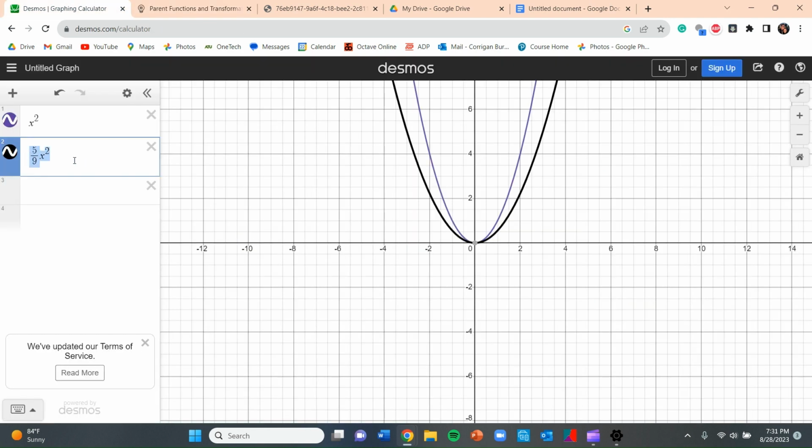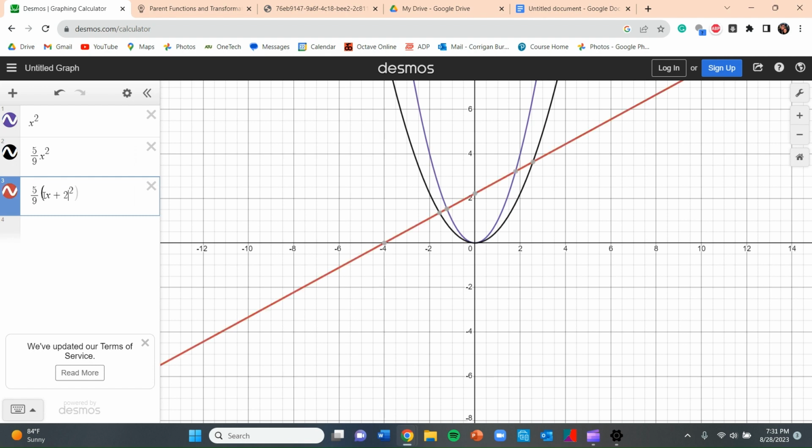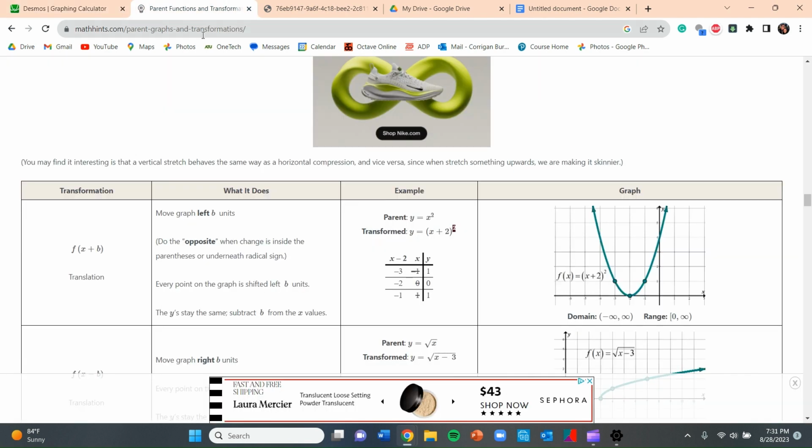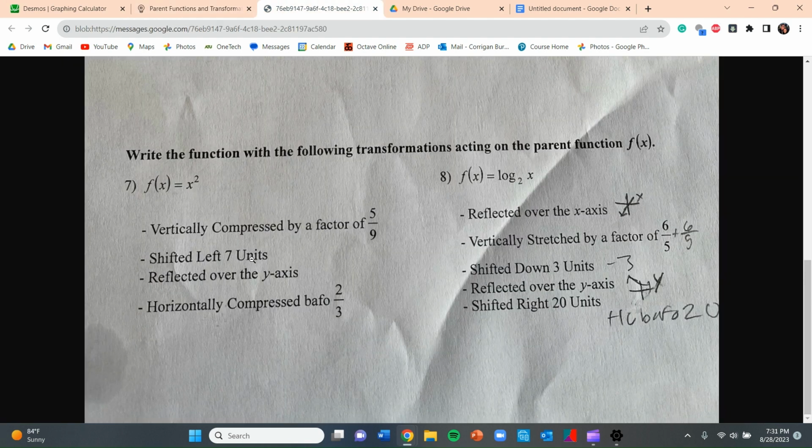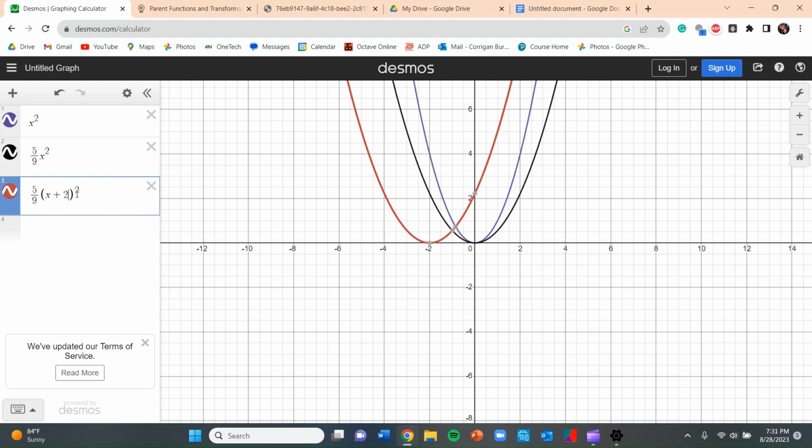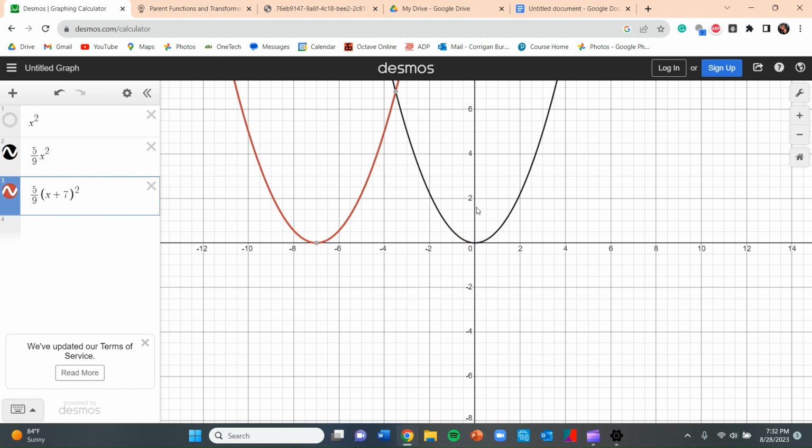So I'm just going to take what we have and put in a unit to the left. Shift left 7 units, not 2. So you would think left might be negative, but left is positive when we're talking about inside these parentheses. So we're going to add 7, and that moves us to the left. You can see it's been moved to the left.